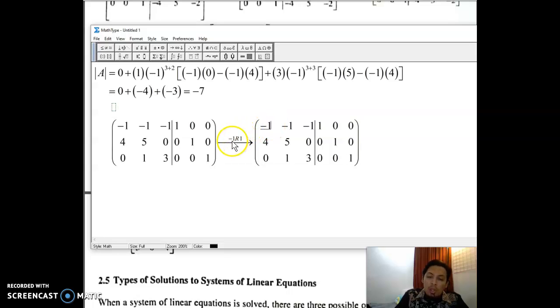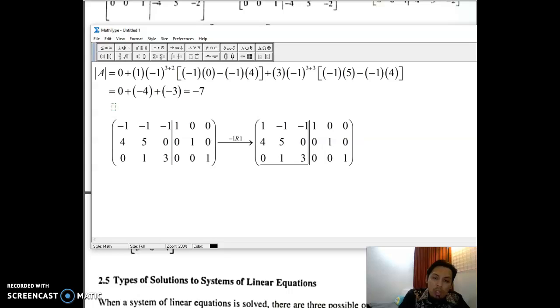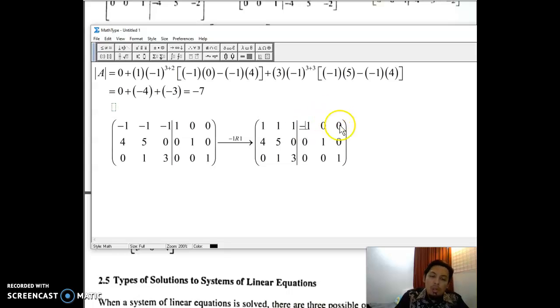We know that -1, so everything will become positive: negative times negative is positive. So we multiply all elements in row 1 by -1. This one becomes negative, and 0 doesn't really affect it here. Okay, so we have solved this one.